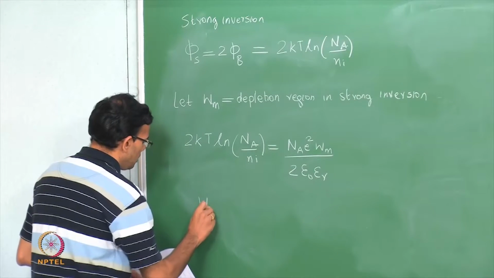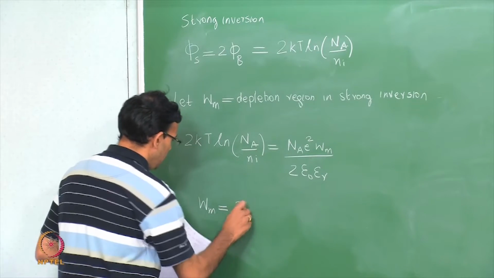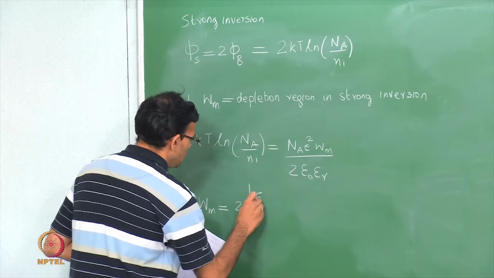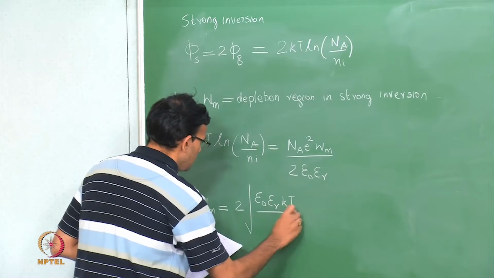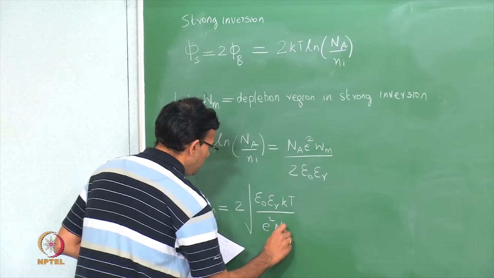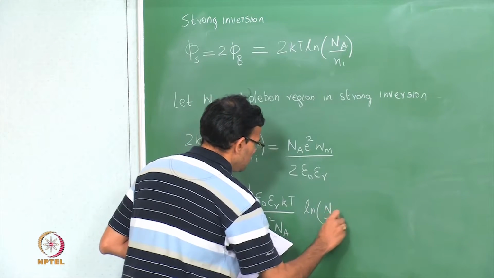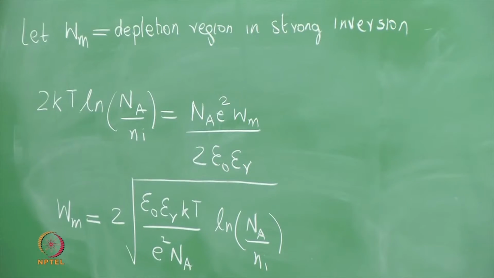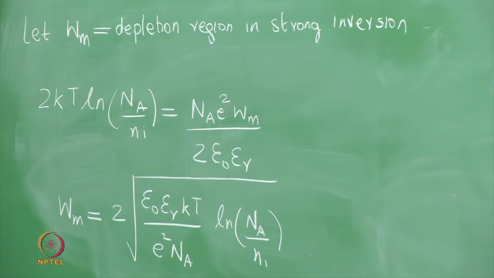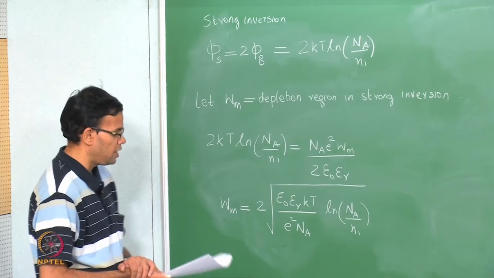We can rearrange this to get the width of the depletion region, that is just 2 square root of epsilon naught epsilon r kT over e square Na ln of Na over Ni. So, this equation gives the width of the depletion region, the total width when we have strong inversion, and this is related to the concentration of acceptors within the material.